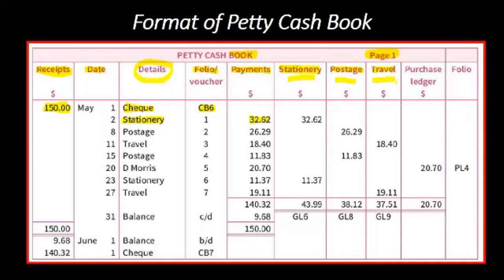The purchase ledger, this is for when you buy goods on credit. You have more than one supplier, and you will enter the amounts from the payments column in here, and the folio for it goes in this column here.